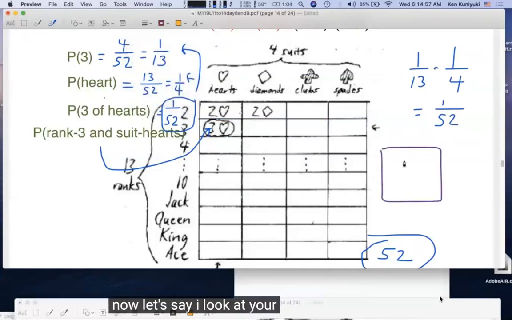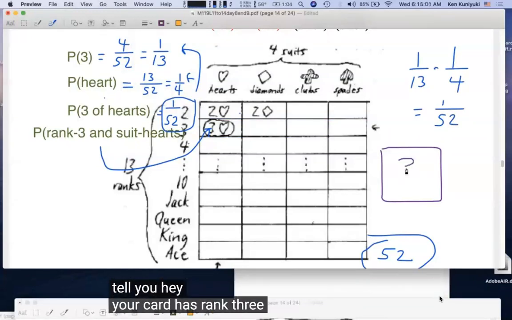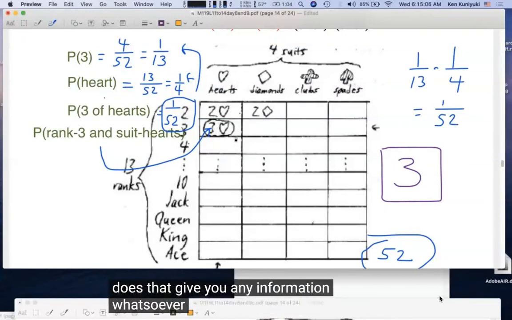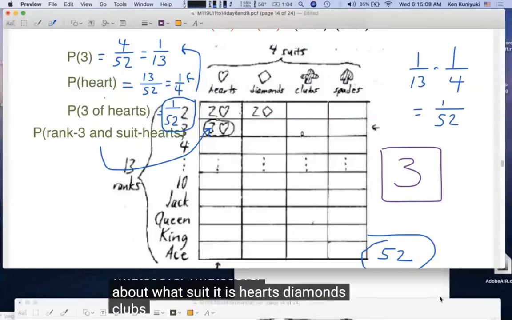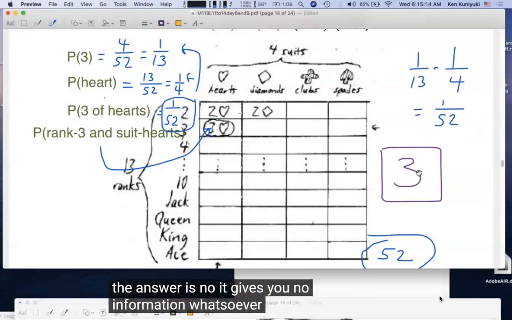Now let's say I look at your card and I tell you, hey, your card has rank 3. Does that give you any information whatsoever about what suit it is? Hearts, diamonds, clubs, or spades? The answer is no. It gives you no information whatsoever.